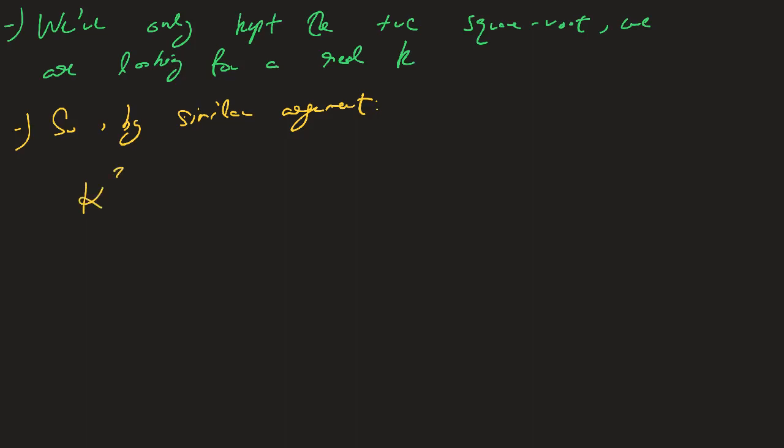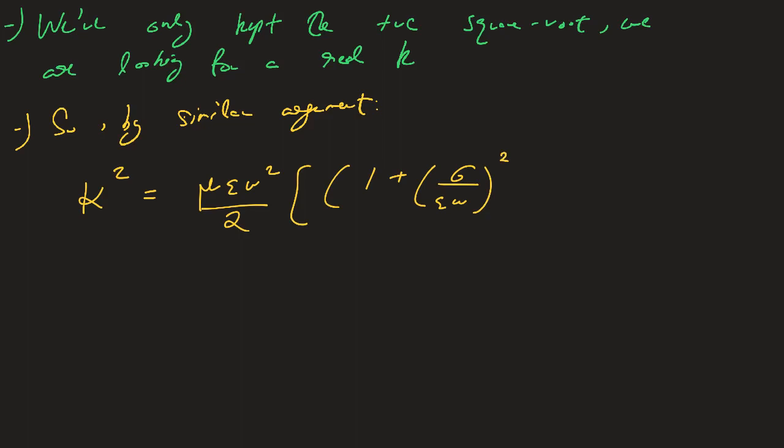So we can now substitute for kappa. We can find that kappa squared is equal to mu epsilon omega squared over 2 whole into the square root of 1 plus sigma over epsilon omega squared, but this time with the minus 1. Okay, you can check it, you get this.